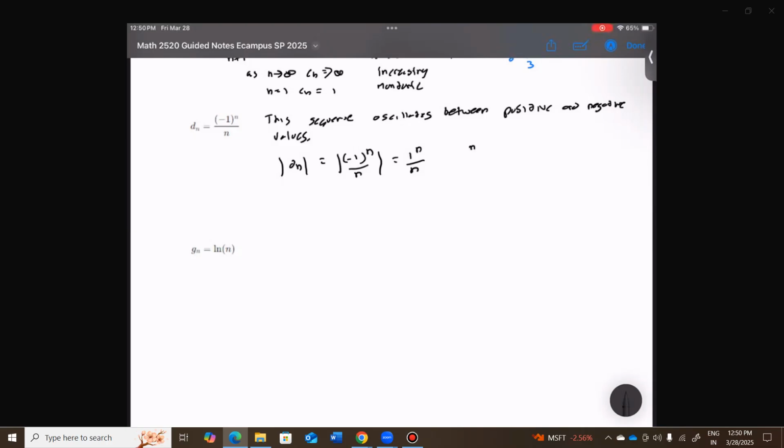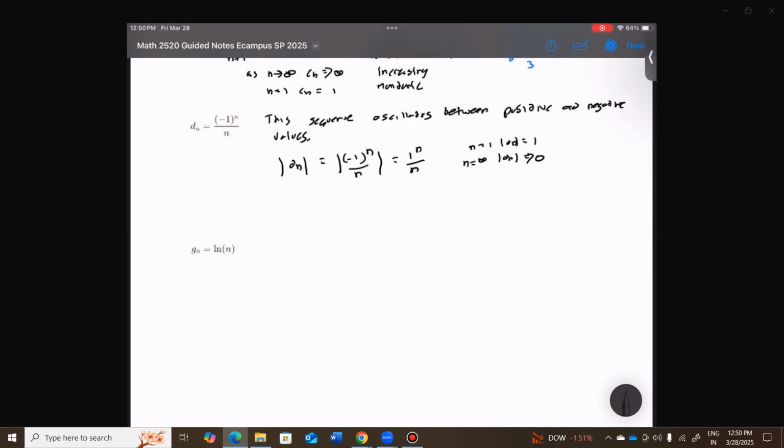Here, when n equals 1, you'll get the absolute value of d sub n equaling 1. When n goes to infinity, you get the absolute value of d sub n going to 0. But it's not bounded by 0 because remember, this is oscillating.